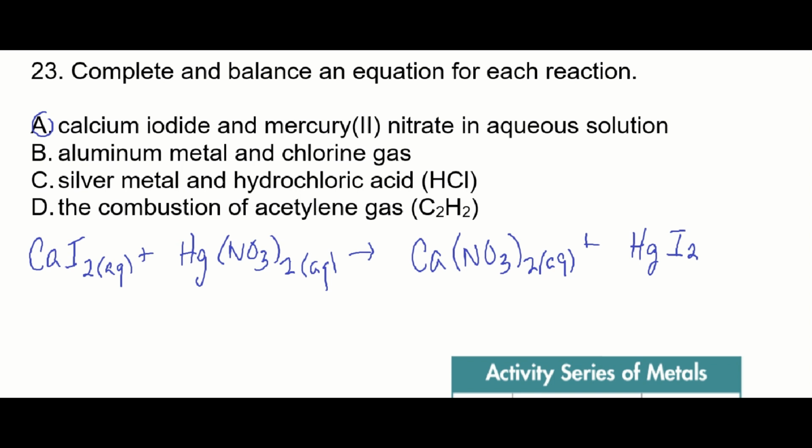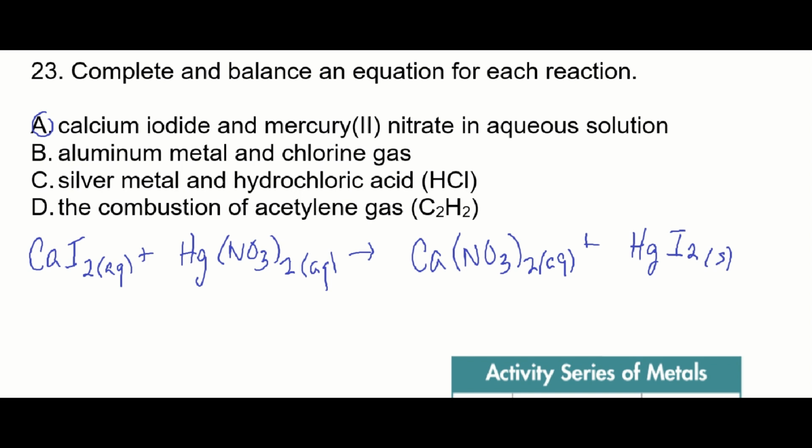Now halides, such as chloride, bromide, and iodide, are generally soluble, but one of the exceptions is if it's paired with mercury. So this is going to be the precipitate, and we'll indicate that with an (s) in parentheses. That's going to be the solid forming from the mixing of these 2 aqueous solutions.